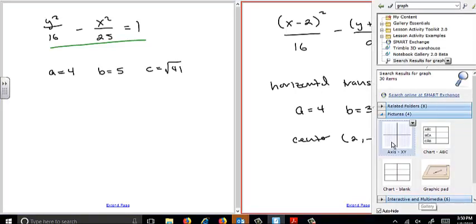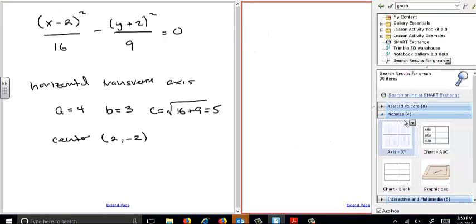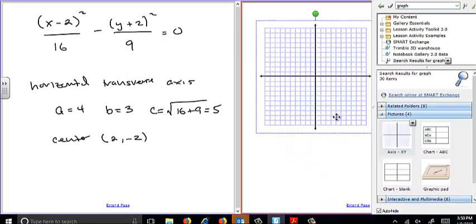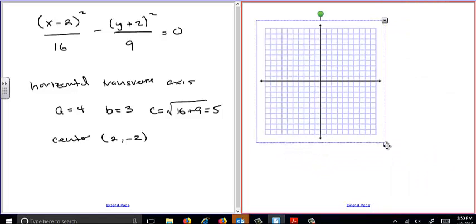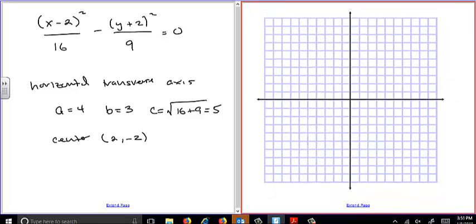So let's go ahead and pull out a piece of graph paper. Again, we're going to put in our standard scaling. Okay, so what we do first, we plot the center. The center is 2, negative 2.